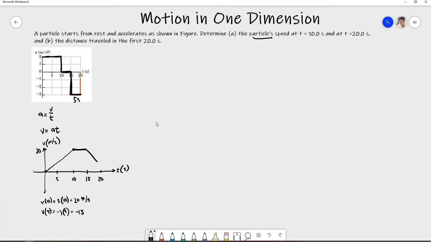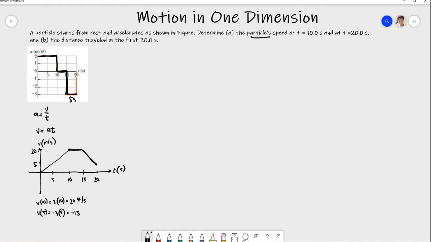Therefore, we go downward, the level drops by 15. If this one is 20, the height from this point up to 20 drops by 15 in the value of y, leaving this point at 5.